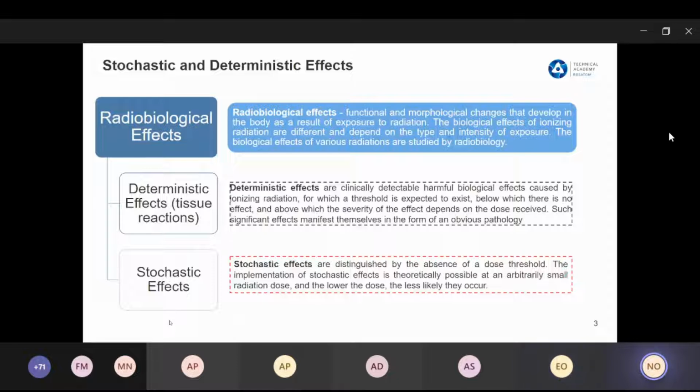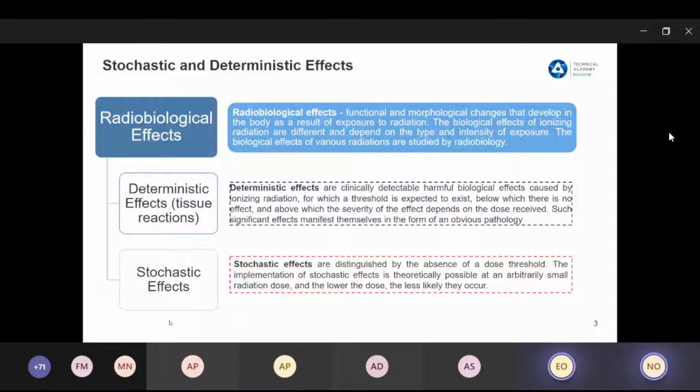According to the criterion of formation mechanisms, radiation effects are divided into two types: target and non-target ones.